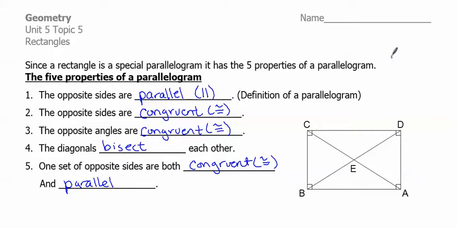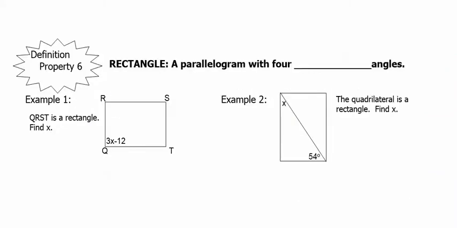But what makes it so special? Let's look at the definition of a rectangle to see what comes up. Just like parallelograms, the word rectangle helps us out a little bit. It has the word angle in it. So a parallelogram with 4 congruent angles.